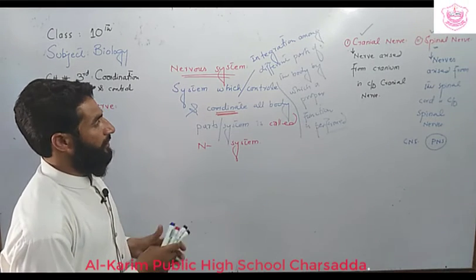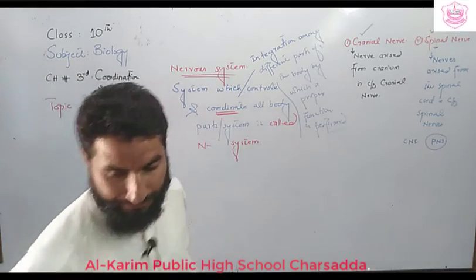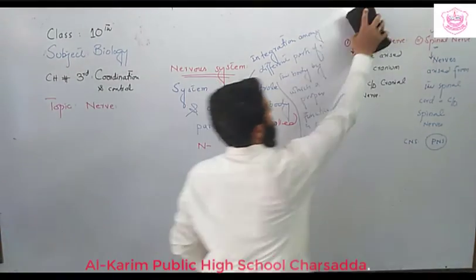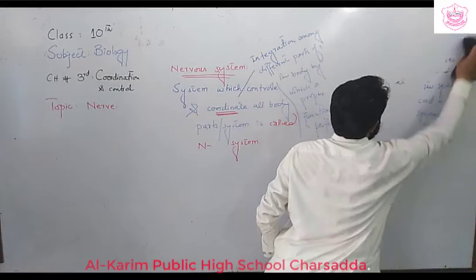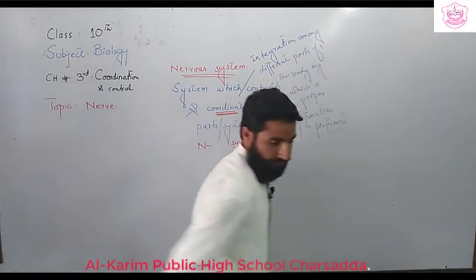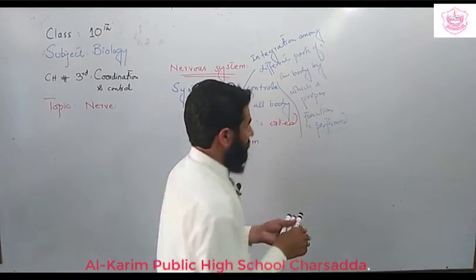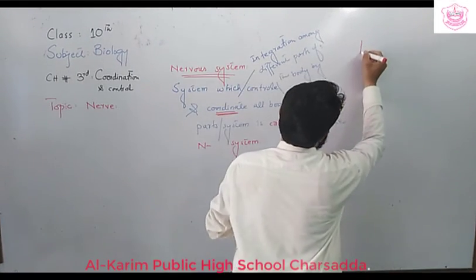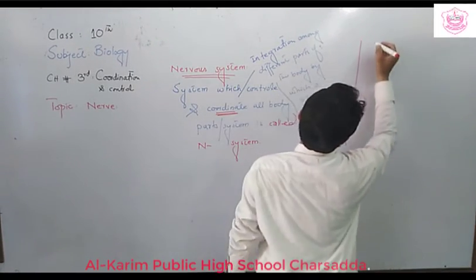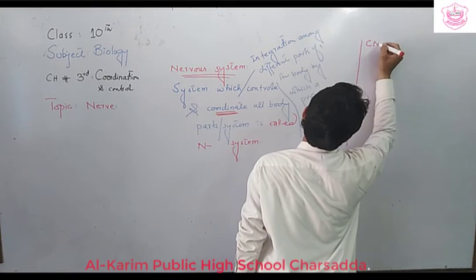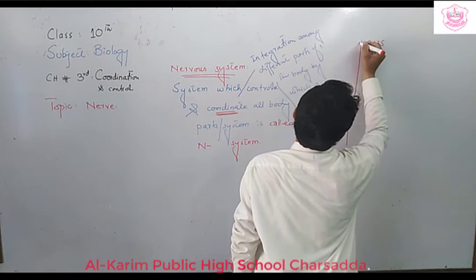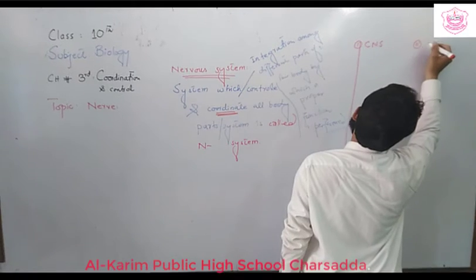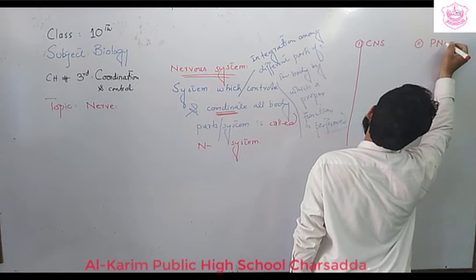Okay, coming toward the division of the nervous system. There are two major parts of the nervous system. First one is known as CNS, while second one is PNS.